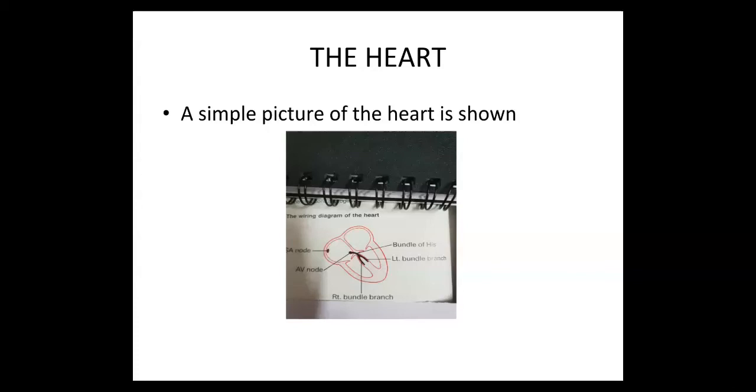The right atrium receives blood from the veins of the body and pumps it into the right ventricle. The right ventricle pumps the blood through the lungs where it is oxygenated. The oxygen-enriched blood then enters the left atrium from which it is pumped into the left ventricle. The left ventricle pumps the blood into the arteries to circulate throughout the body.